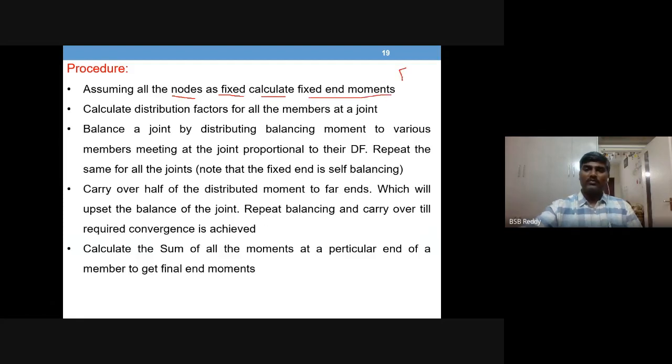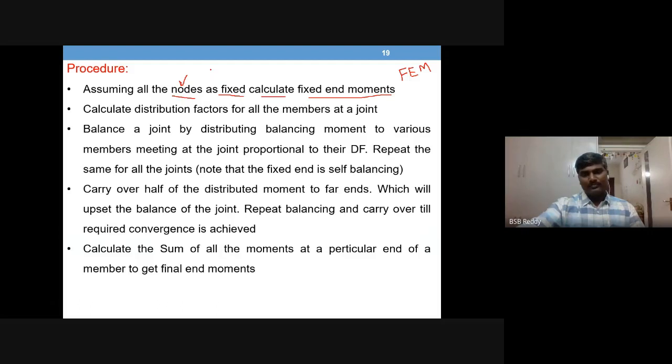Step one is to take all the members in the structure as fixed beams. Assume all the nodes as fixed.